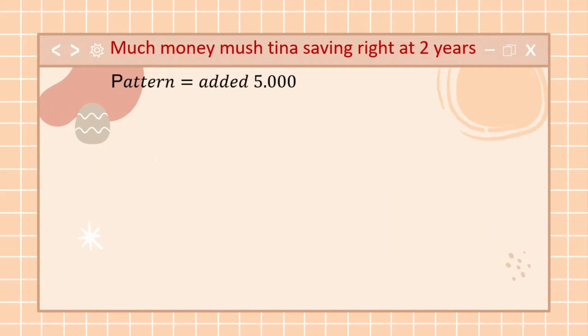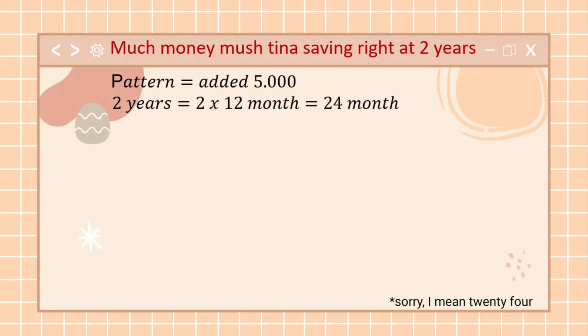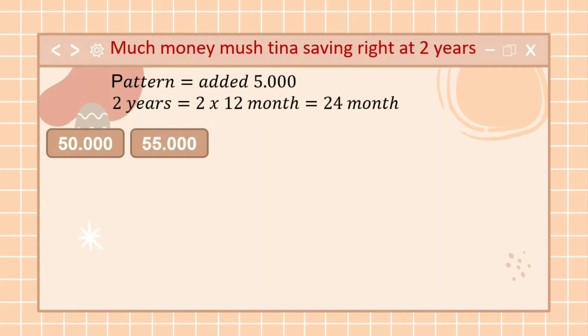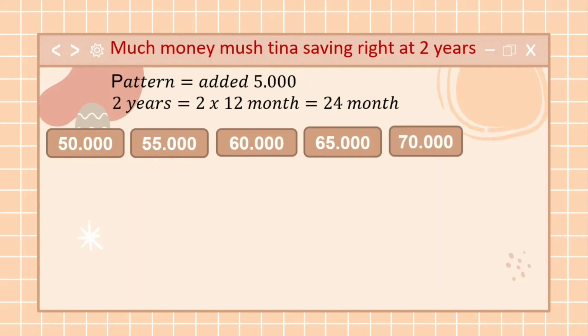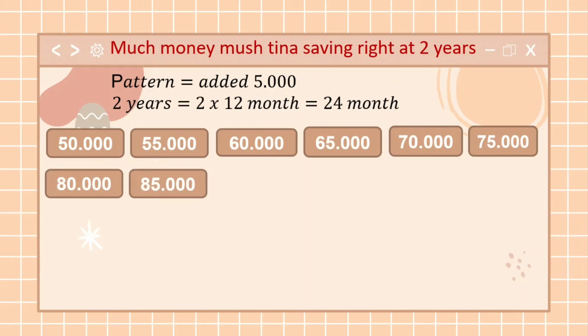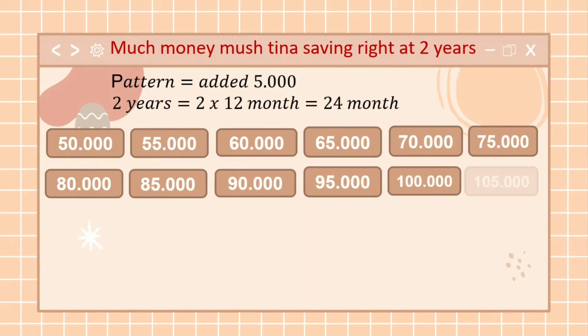The pattern is adding 5,000. 2 years equals 2 times 12 months equals 24 months. 50,000 for the first month, then 55,000, 60,000, 65,000, 70,000, 75,000, 80,000, 85,000, 90,000, 95,000, and so on.